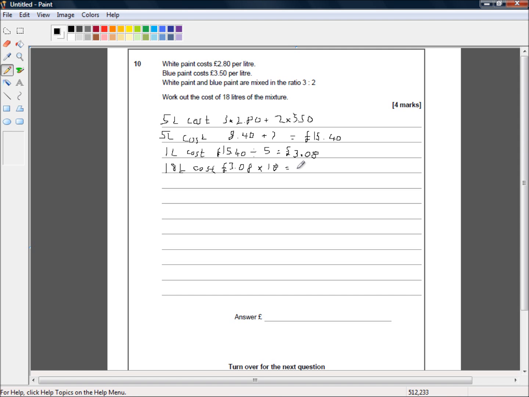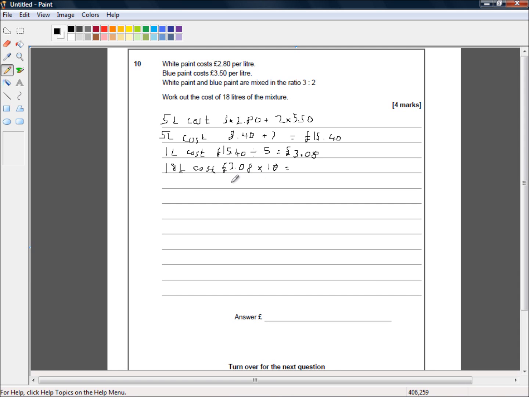Or we could say that's very nearly times 20, and we could multiply by 20 and then subtract 2 times 3.08, which I think will create the easiest numbers for me to do in my head. So I'm going to multiply 3.08 times 20 and then subtract 3.08 times 2 to get to 3.08 times 18.